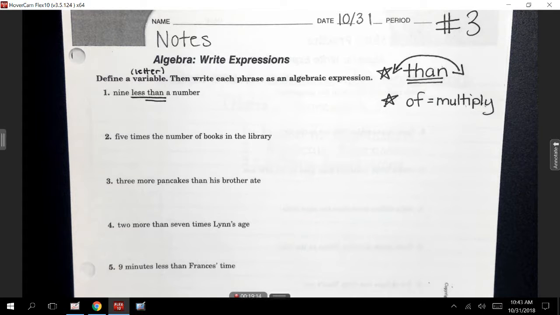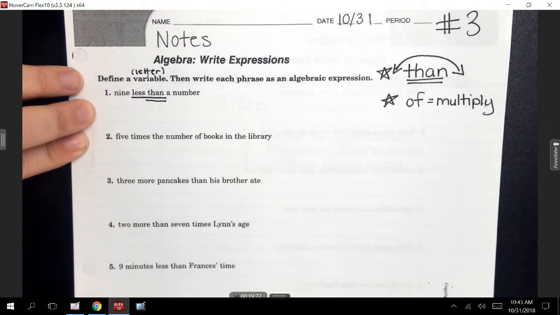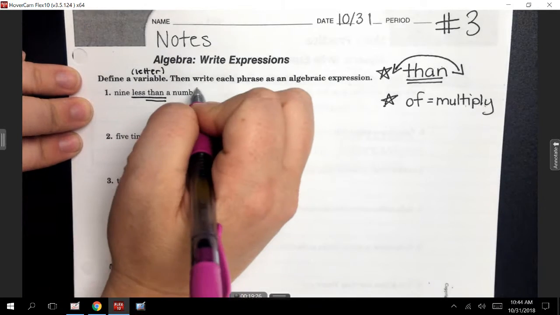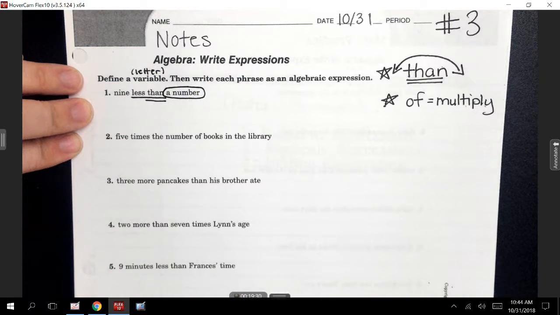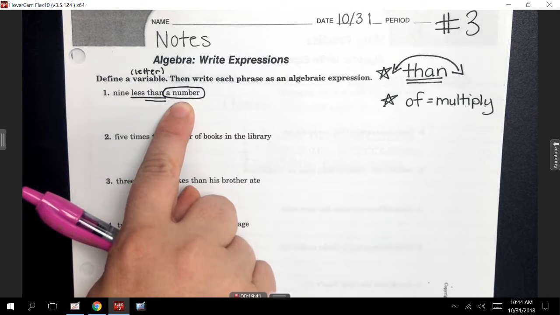I'm missing a letter. But remember, guys, do we do math with letters? No. If I needed to know 9 less than a number, in order to find an answer, what do I need to know? Akina? I need to know this number, correct? So y'all see where it says a number? Do I know what number it's talking about? No. So maybe a better way to ask this question would be, what am I missing? What is it that I don't know? I don't know what number it means.